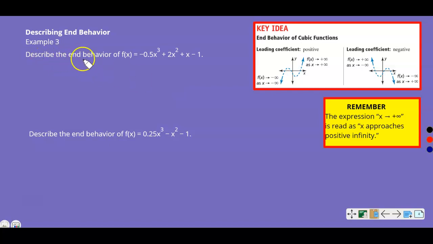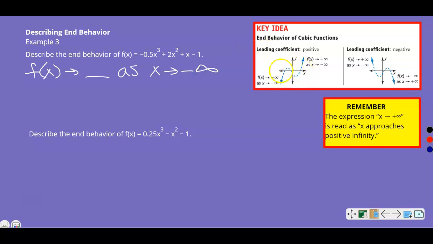All right, so if we describe the end behavior of this, this one is in standard form, so the leading coefficient is negative. So we can say it's going to be going up to the left and down to the right. When I look at this, I always say f of x does what as x goes to the left. As x approaches negative infinity, that's the left side of your graph, right?